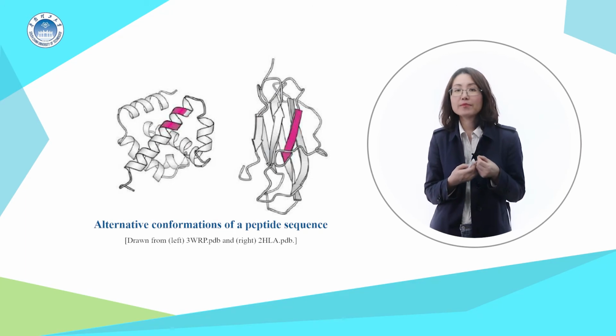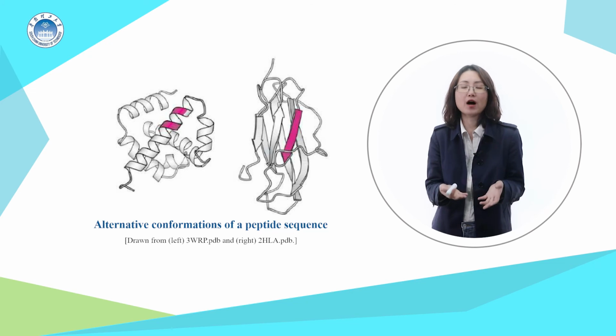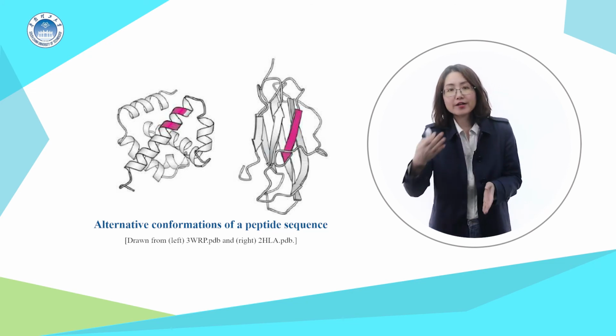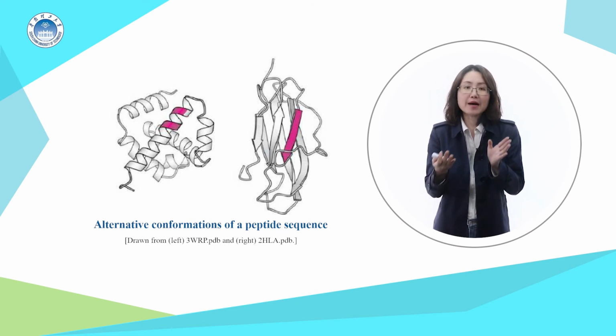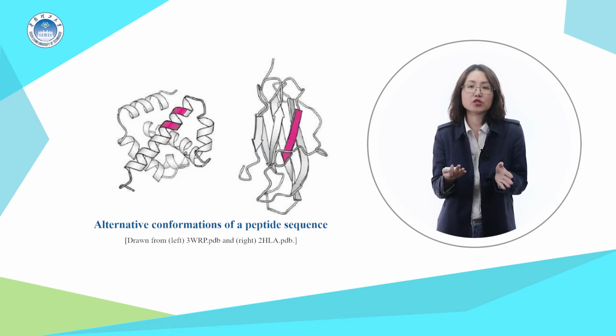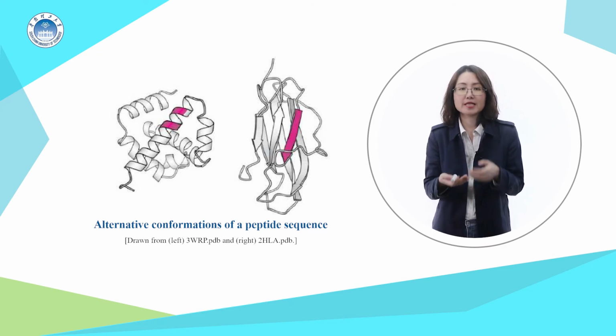Indeed, some penta- or hexapeptide sequences have been found to adopt one structure in one protein and an entirely different structure in another. So hence, some amino acid sequences do not ubiquitously determine secondary structure.